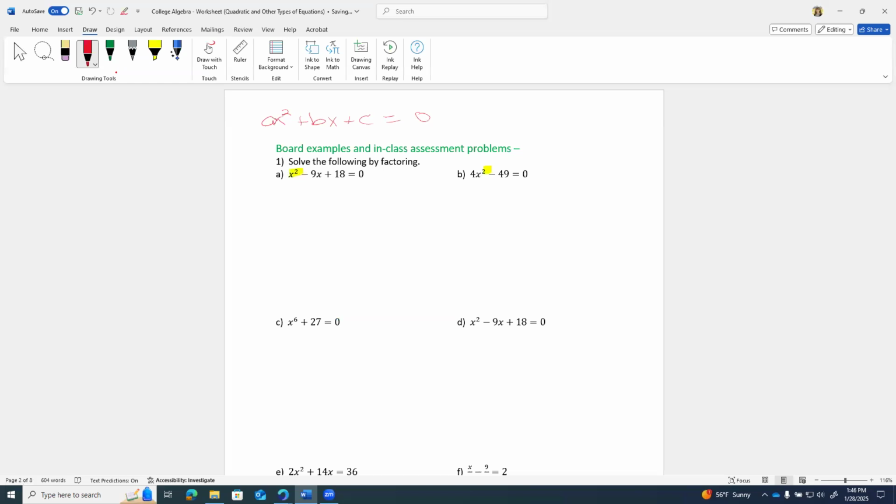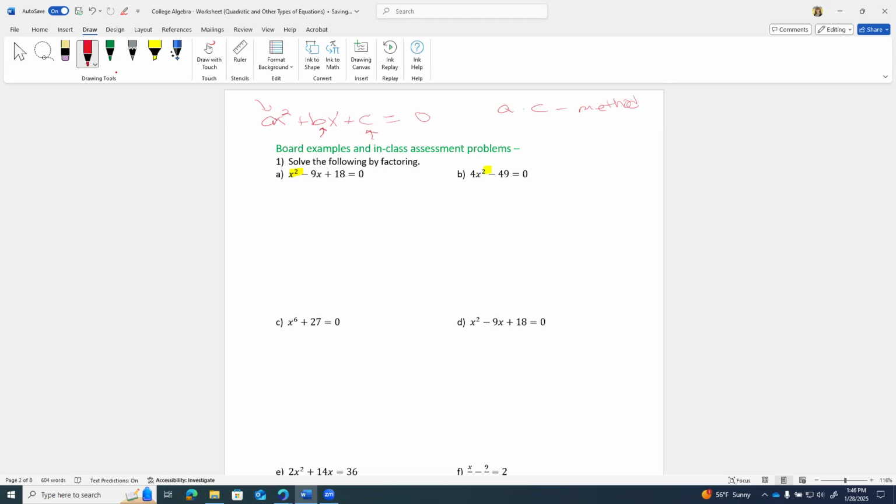So there's multiple ways to solve factoring a quadratic. I'm going to teach you the AC method. Okay, so on this AC method, we notice that A is the leading coefficient, B is the coefficient on X to the first, and C is our constant.